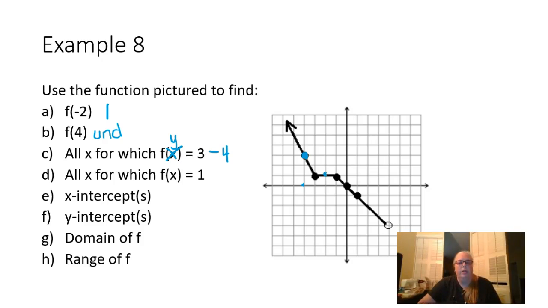All right. Now we're looking for x whenever f of x is equal to 1. Now, if we just treat this like a y, when y is equal to 1, what is x equal to? Well, let's see. Y is equal to 1 right here. That starts at this point right here because that's equal to 1. This point, y is equal to 1. And everything in between here, y is equal to 1.